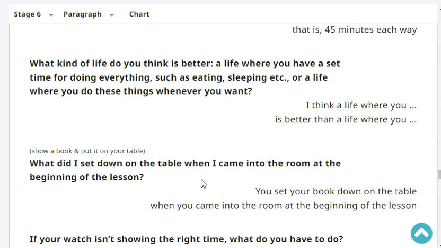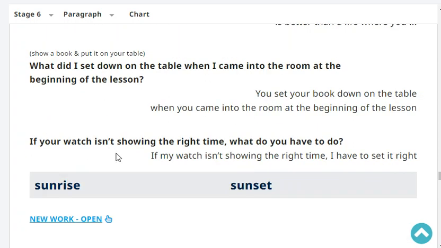I think a life where you do things whenever you want is better than a life where you have a set time for doing everything, such as eating, sleeping, etc. Very good.